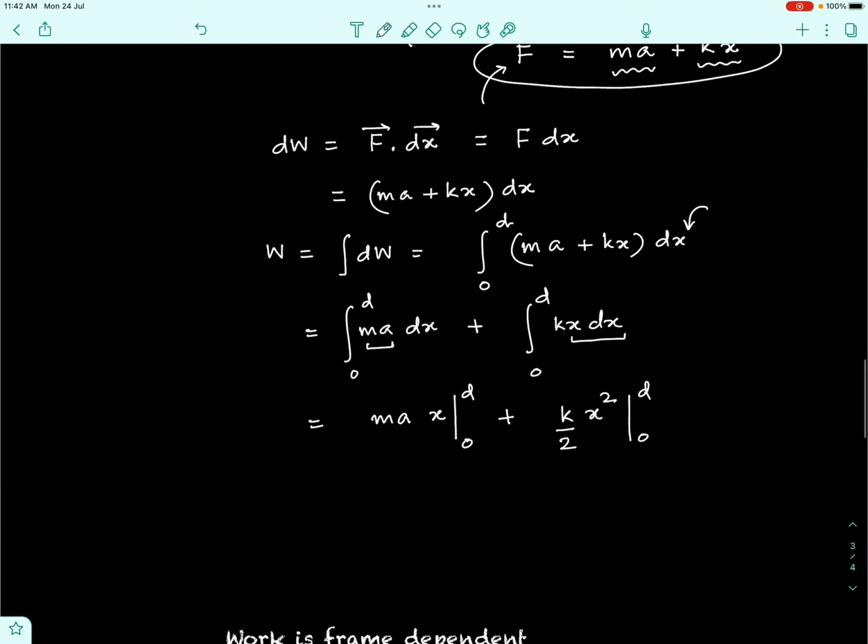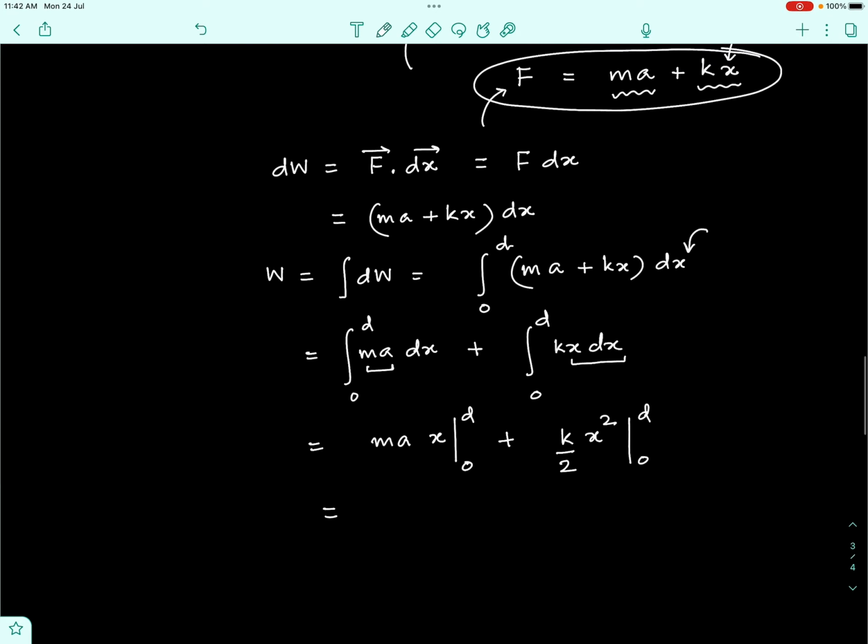Putting the limits now, we can get the final answer. So this will be ma into (d minus 0), which will be d, plus k by 2 into (d squared minus 0 squared), which will be d squared. So this becomes the total work done here.